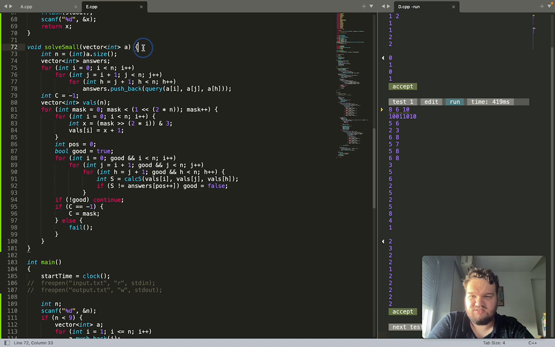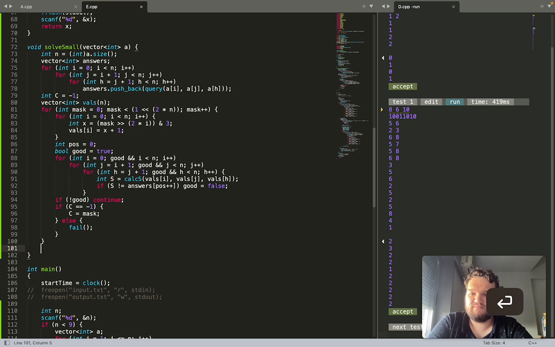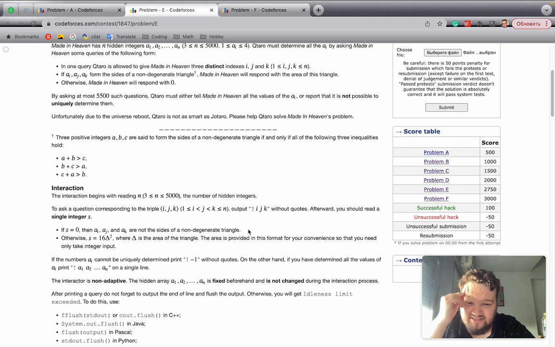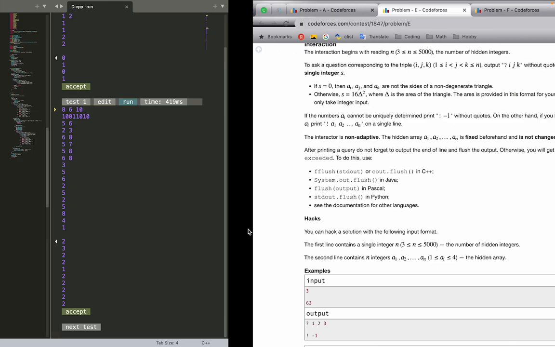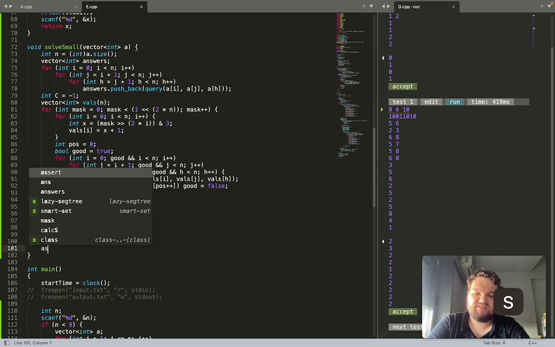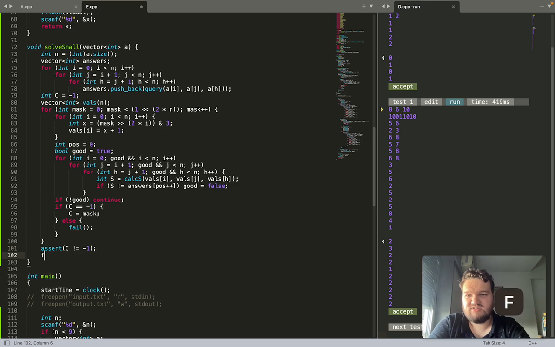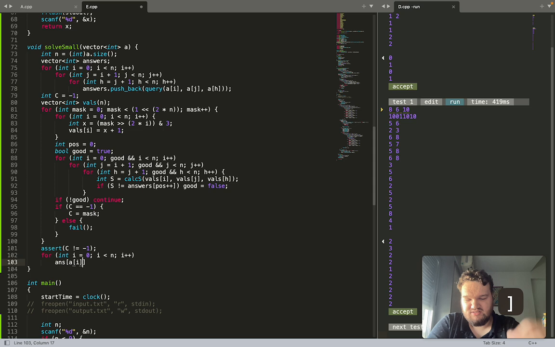The size is still bounded by 9, so it's fine. Is it guaranteed that the answers are consistent, like the answer exists? I guess so. So we can assert that it is not -1. And so I found the answer, and now I need to put it in ans array at correct positions.